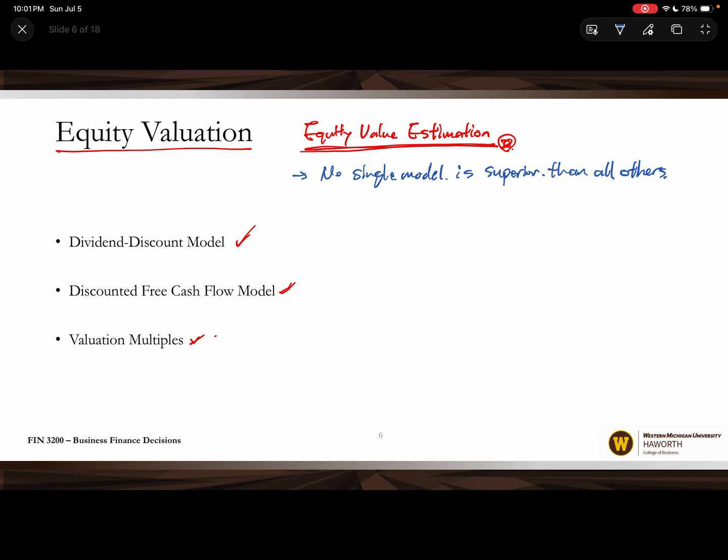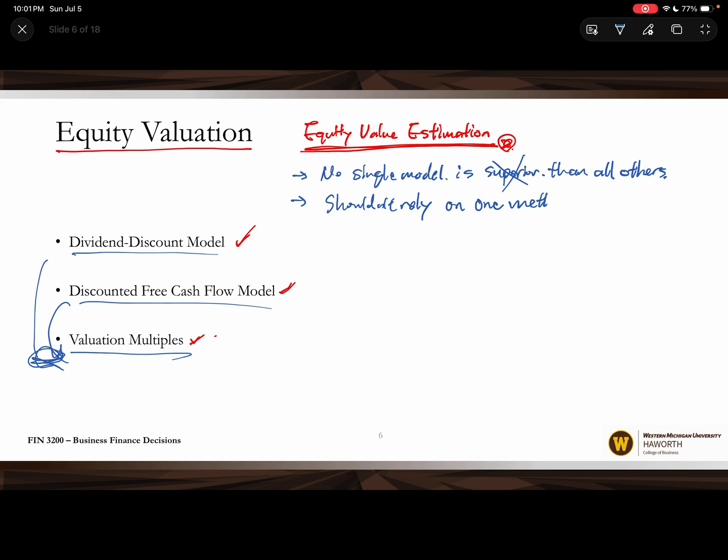What I'm trying to tell you is that the dividend discount model and discounted free cash flow model are probably better than valuation multiples, but multiples are also useful. So you shouldn't rely on one method.